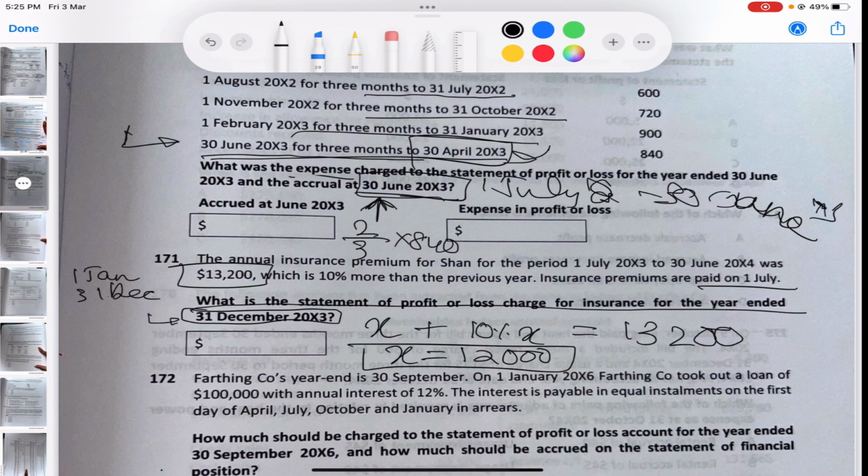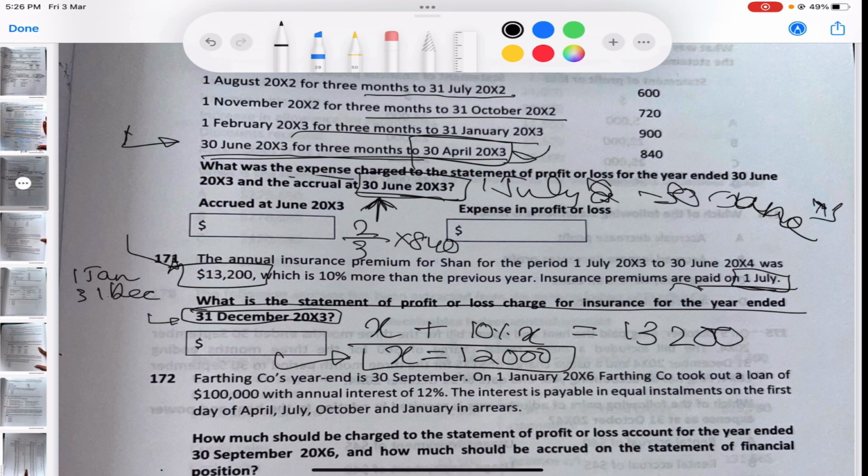Jan to July is a separate year, and July to December is a separate year because we are paying our insurance on 1st of July. So for 6 months we carry the expense of the previous year, and for the rest of the 6 months we carry the expense of the new year.